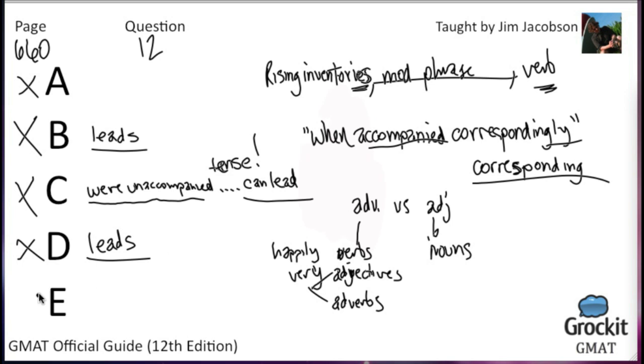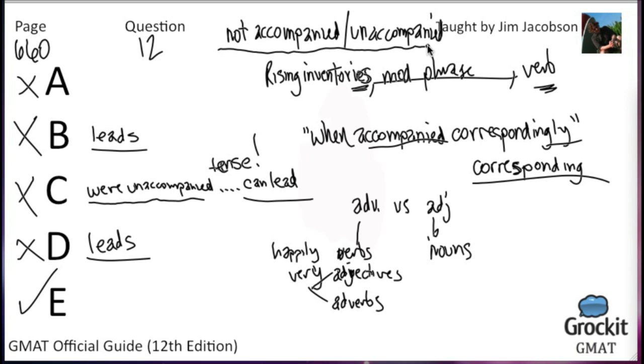This question also makes an issue of the contrast between not accompanied versus unaccompanied. And I would characterize that as not something, well, let's see, how do I put this? The GMAT wants you to have not accompanied rather than unaccompanied because it feels that not emphasizes the negative more.